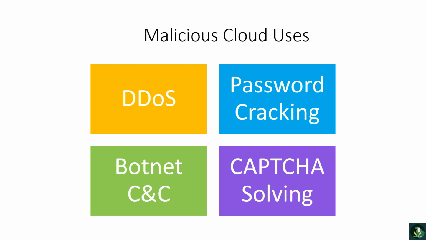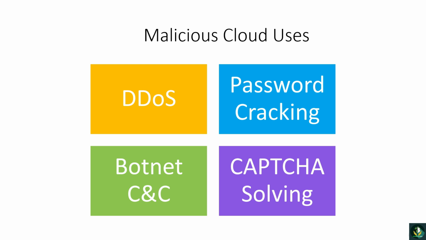As an example, if you can take down the CNC efficiently and leave the infected machines, they can no longer take commands from anywhere. So part of the joy of the cloud is for the attacker who is trying to keep their CNC server alive.